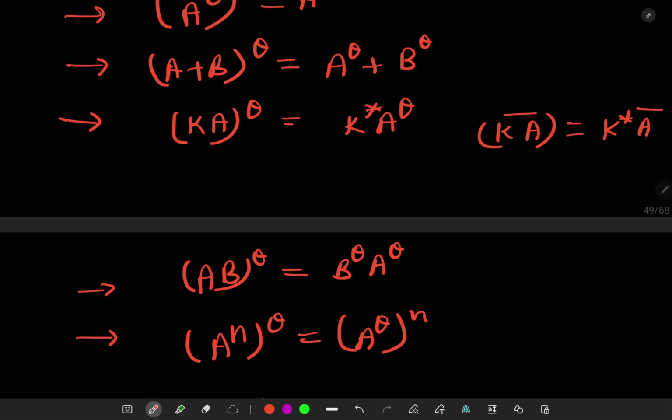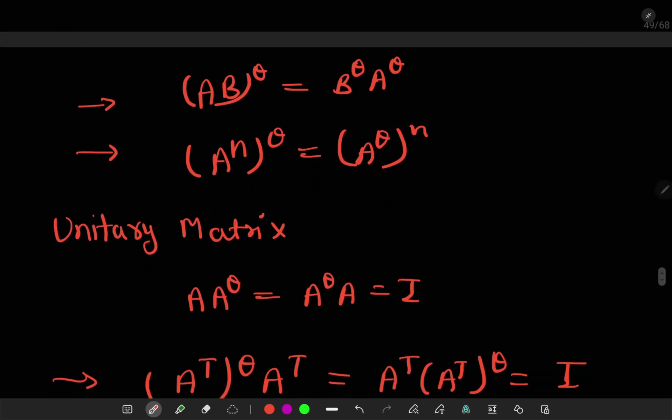Similarly, for the transpose conjugate of a matrix, K A dagger is equal to K star A dagger. Now if A and B are non-singular matrices, then the transpose conjugate of their product is equal to B conjugate transpose A conjugate transpose.